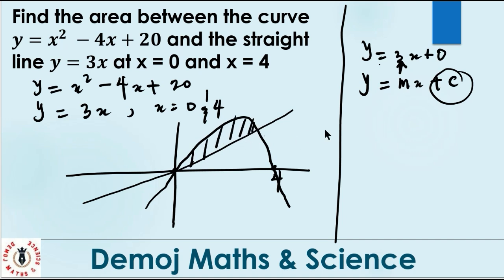Like we did in our other lesson, the area under the curve is A1, and the area between the straight line and the x-axis is A2, so the area between the curve and the straight line will be A1 minus A2.